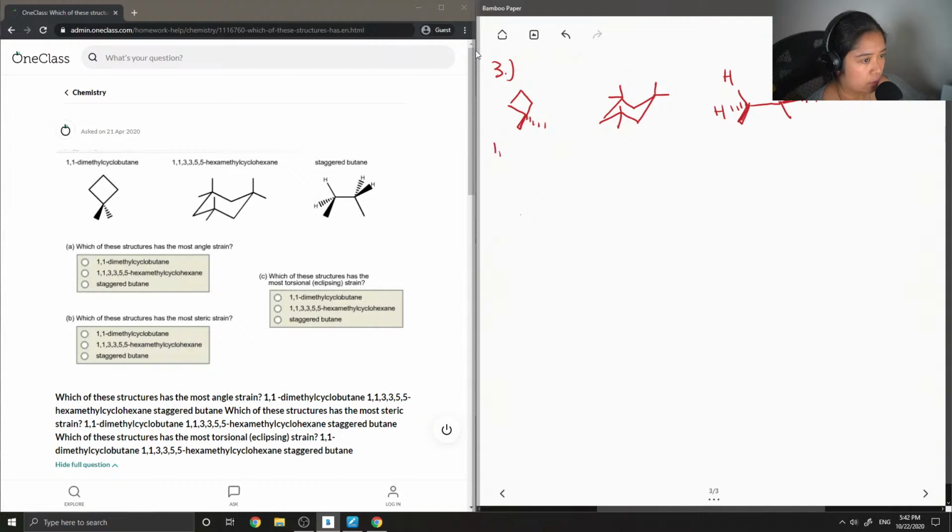Okay, so this is 1,1-dimethylcyclobutane. I'll denote it as A.